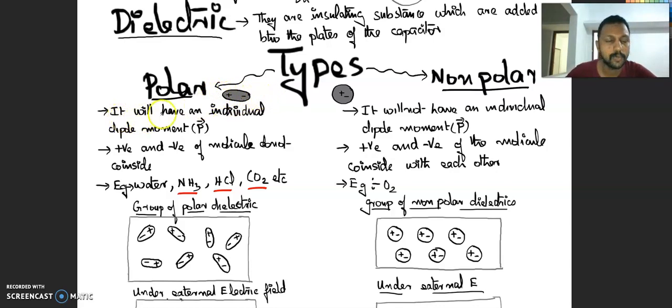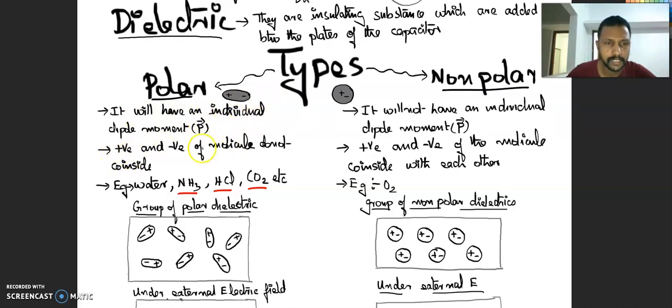That means it will have a permanent individual dipole moment. As we have learned, a dipole is an arrangement of equal and opposite charges separated by a small distance. Therefore, in polar dielectrics, the molecule will have a positive charge at one point and negative charge at another point. Therefore, it will have a permanent individual dipole moment.